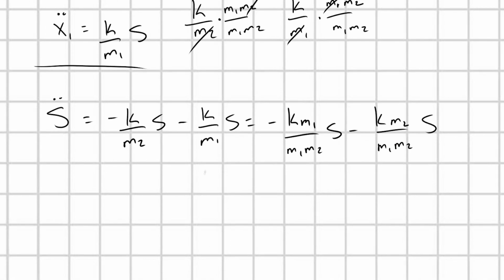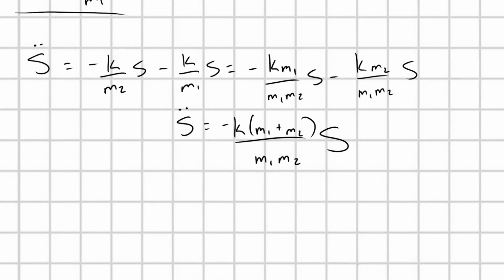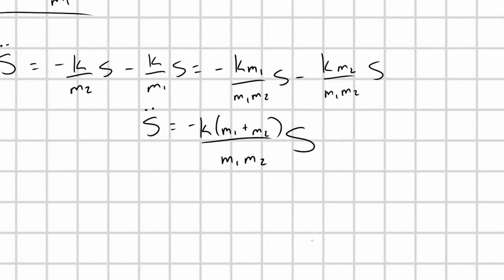And so I'm going to have s double dot is equal to minus k times m1 plus m2 over m1 m2 times s. This term here is extremely important. There is a definition called the reduced mass of a system. It's called mu.